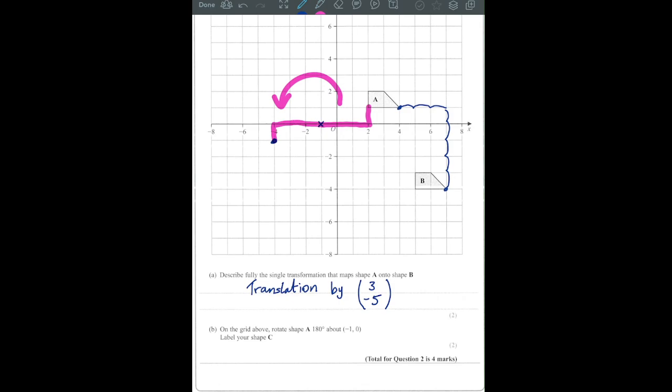The problem with this method, of course, is that it requires quite a bit more visualization. If you do have that visualization, then this question can be done comfortably and you can convince yourself quite quickly that that would be your answer, or learn how to use the tracing paper to get exactly the same solution without having to visualize quite so deeply.